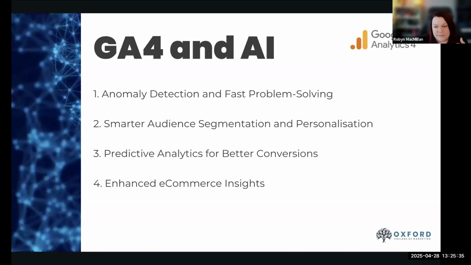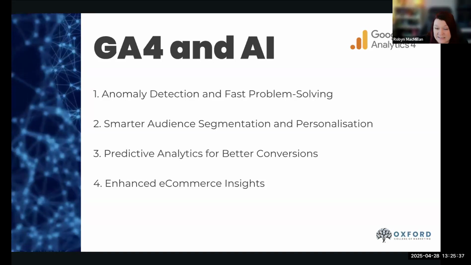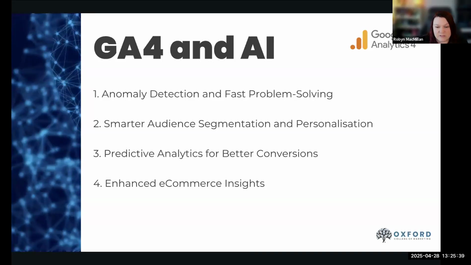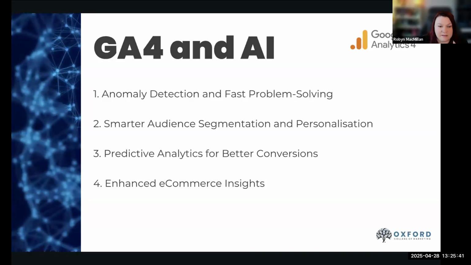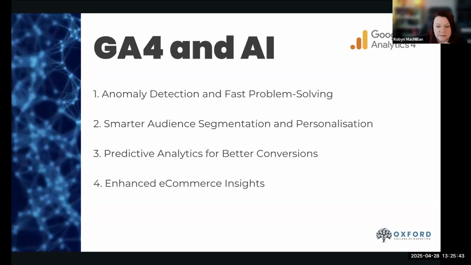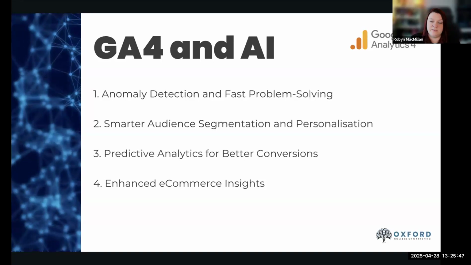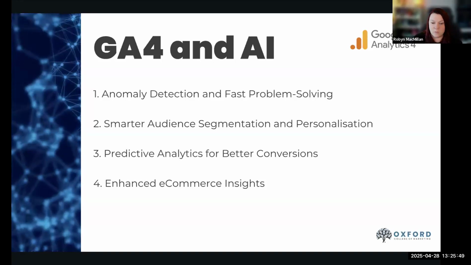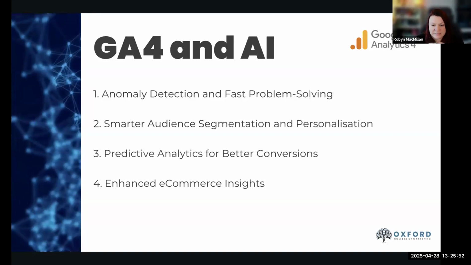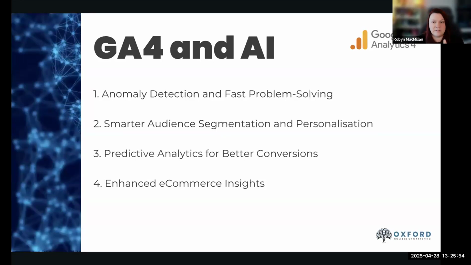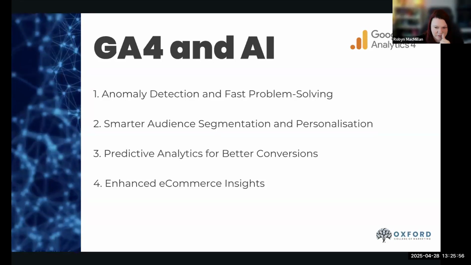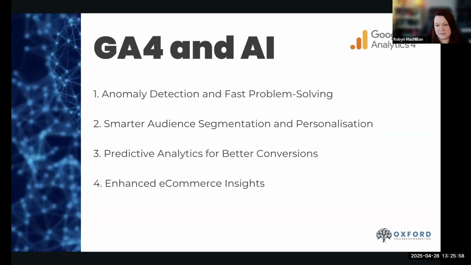Smarter audience segmentation, predictive analytics, so we get those better conversions, and of course our enhanced commerce insights. The AI that is sat within GA4 isn't just about reporting what happened, it's about predicting what's next, and giving you the opportunity to truly understand how to move those things forward.